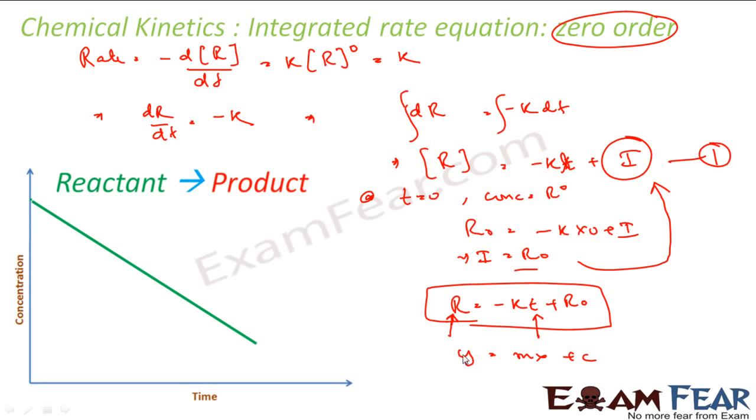That means in y, if I draw concentration, in x, if I draw time, I'll get a straight line with a slope of minus k, right? And this is c. The intercept has to be c. Sorry, [R]0, the initial concentration.